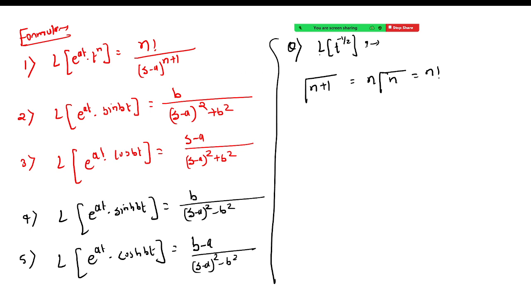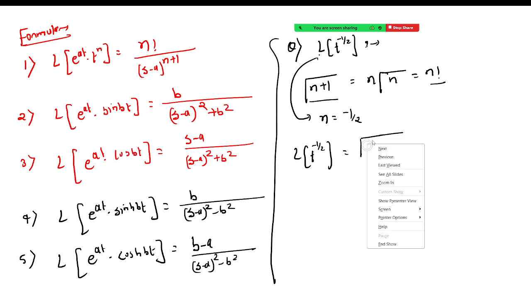So in this formula, if I substitute n equals minus 1 by 2, I get Laplace of t to the power minus 1 by 2 equal to factorial n upon s to the power n plus 1, and factorial n can be written as gamma of n plus 1. So gamma of minus 1 by 2 plus 1 divided by s to the power minus 1 by 2 plus 1.